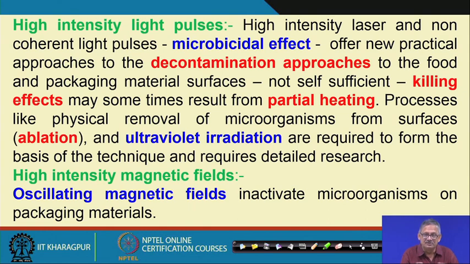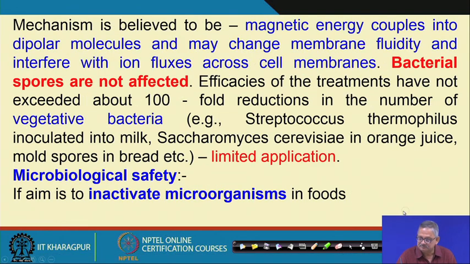Now, you want to minimize or remove the organisms or kill the organisms. So, this high intensity magnetic field or oscillating magnetic field can come up as one of the rescuers of your system, right.